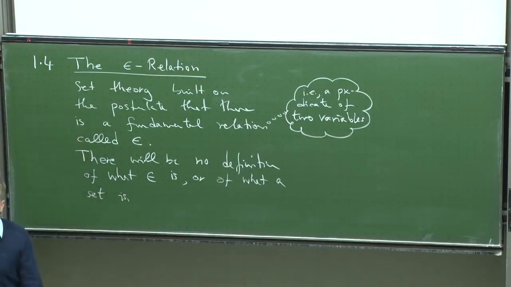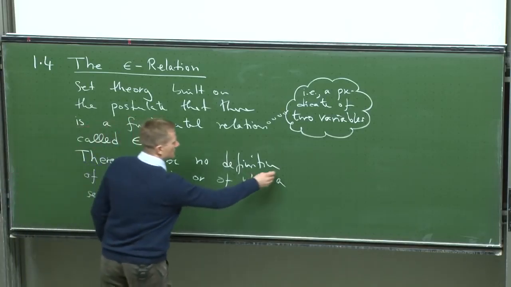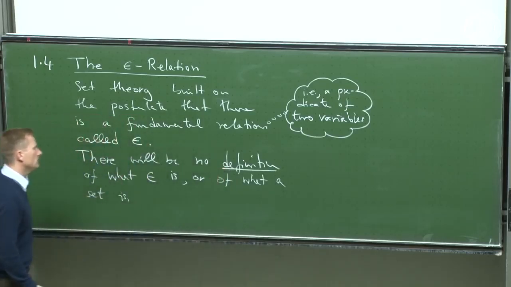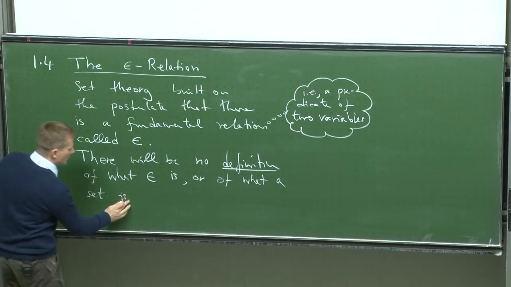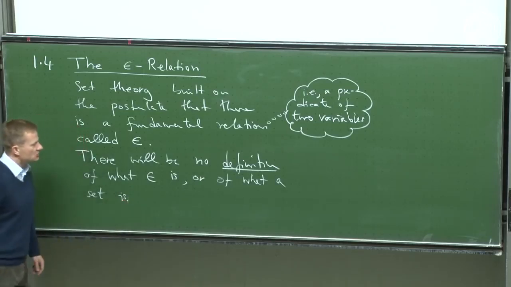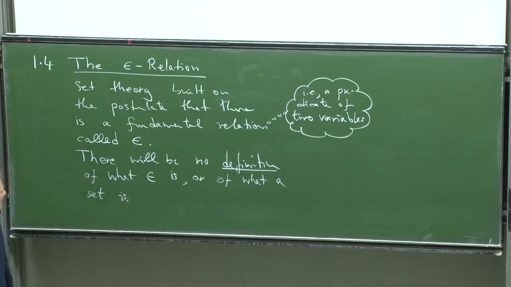Now this is weird, we're going to write down set theory, but I tell you there will be no definition of what the element symbol epsilon actually is, or what a set is. Well, I use definition in a strict sense, namely saying epsilon is defined like da da da da, or a set is da da da da da. We're not going to say this.